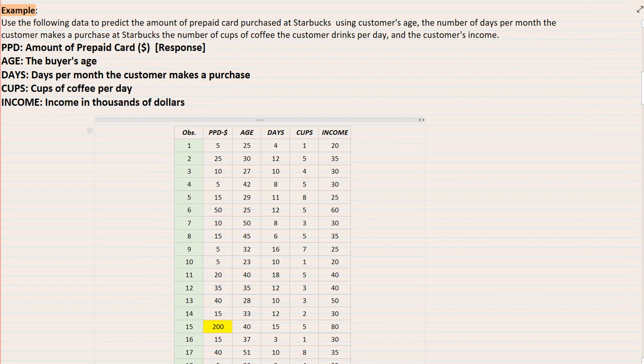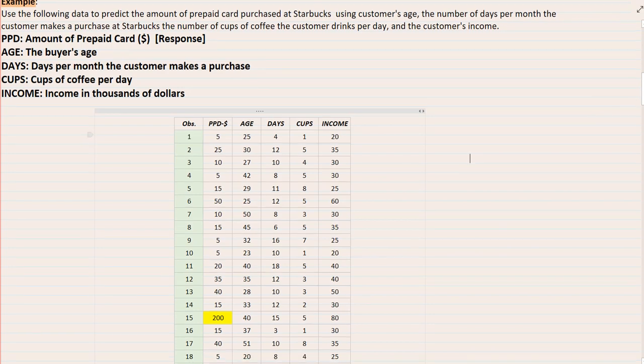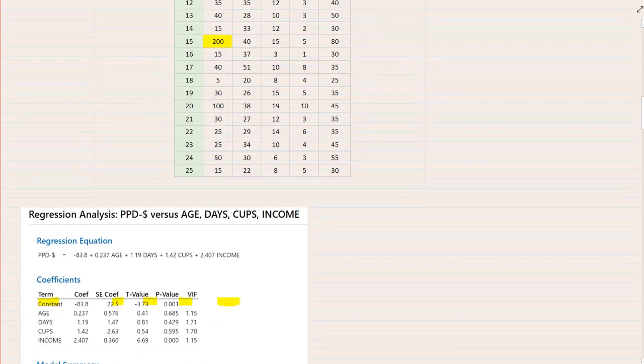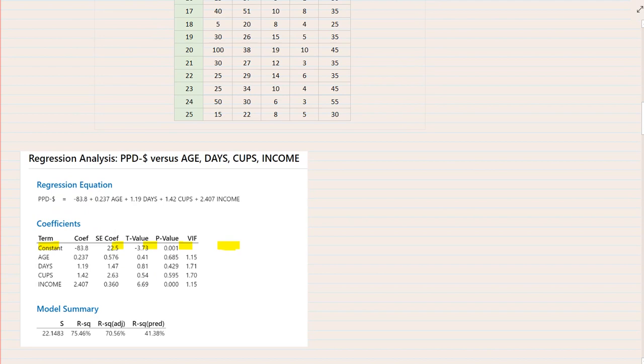That would be our response variable, given the individual's age, how many days per month they make a purchase, and how many cups of coffee they drink a day.